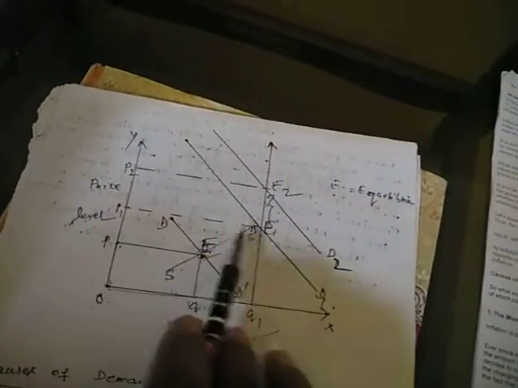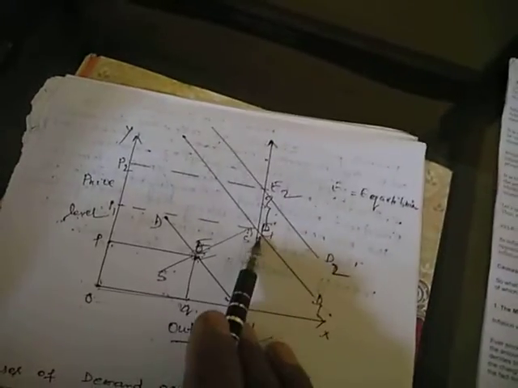When quantity is increased, at that time price is also increased simultaneously, from P to P1, right? Initially the price is P, but now it is P1. Another point is created, that is also an equilibrium point, because as we know when the demand curve intersects with the supply curve, an equilibrium point is created, that is known as E1, right?